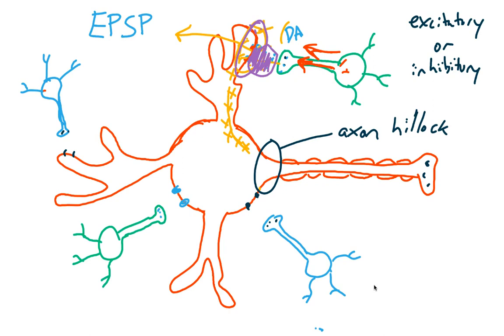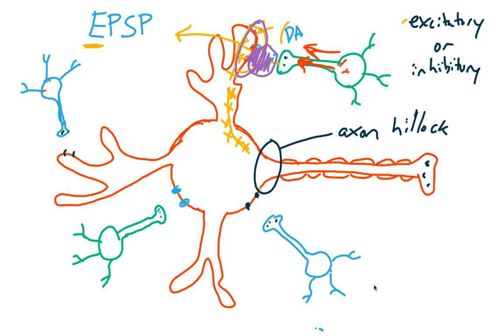And because you're getting a positive charge being generated here, it's going to be excitatory in nature. So we have an excitatory post-synaptic potential. It's a graded potential, it's excitatory in nature, and what we're really interested in is what is going on the other side of the synapse.